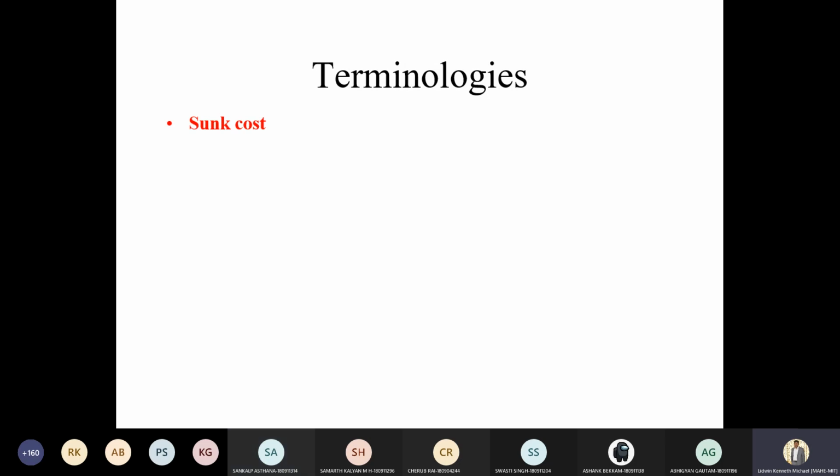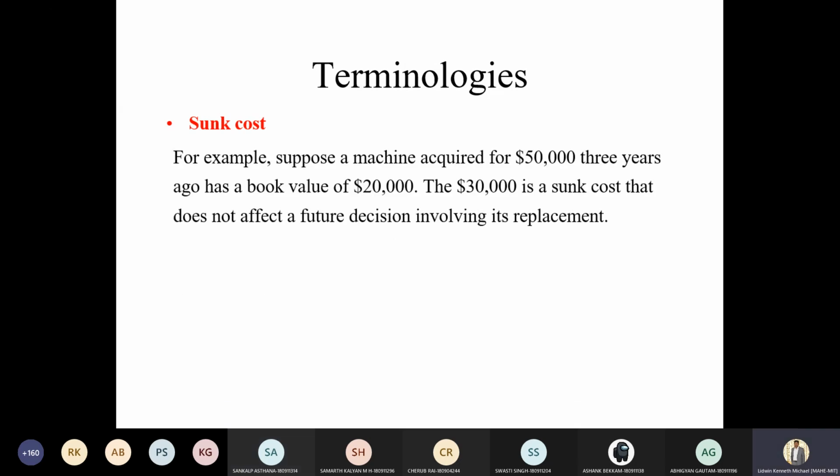Okay, now I'll put it in this way. So here an example is given. Suppose a machine acquired for 50,000 three years ago has a book value of 20,000 now, right? The 30,000 is a sunk cost which will not affect the future decision involving its replacement. So the equipment was purchased three years ago for 50,000.